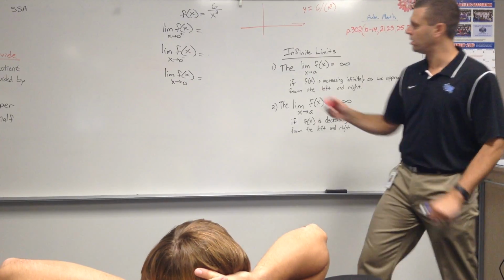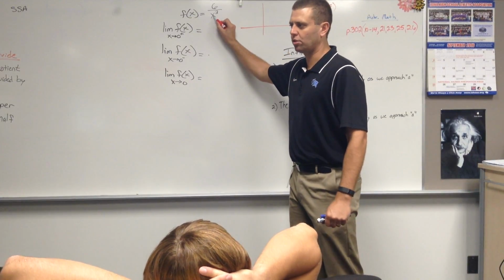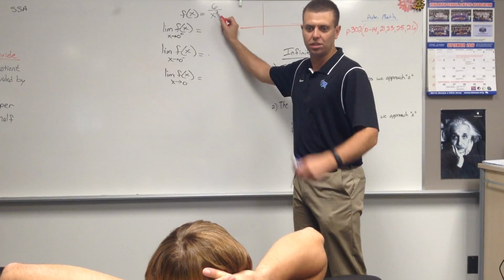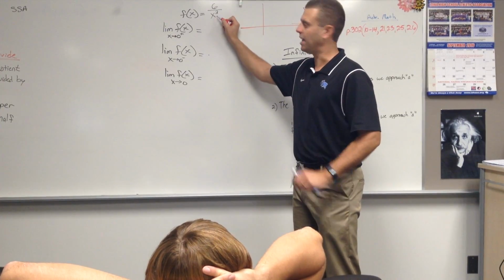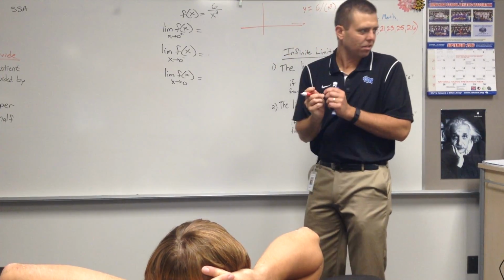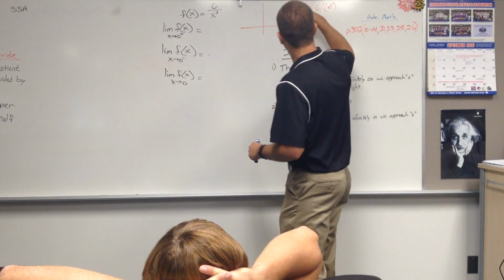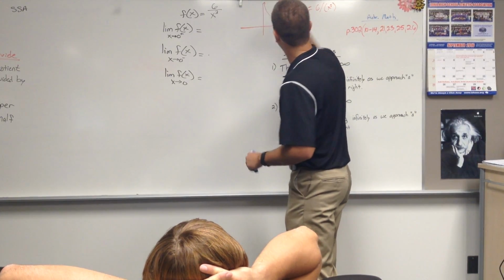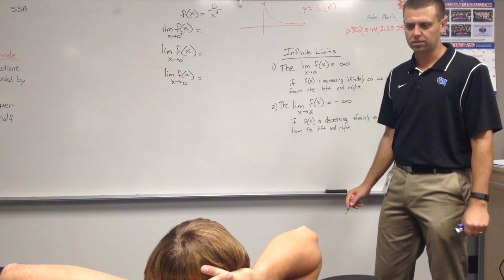A really large number. Because 0.0001 squared would be an even tinier decimal, and 6 divided by an even tinier decimal is going to be huge. So the graph on this side looks like this, similar to 1 over x.